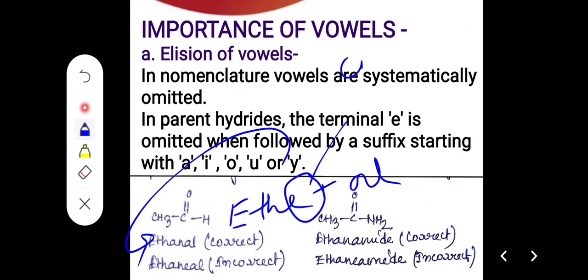As we know, it is CH3COOH. We consider this carbon 1 and this carbon 2. In most cases numbering starts from the functional group, so we retain 1 and 2.